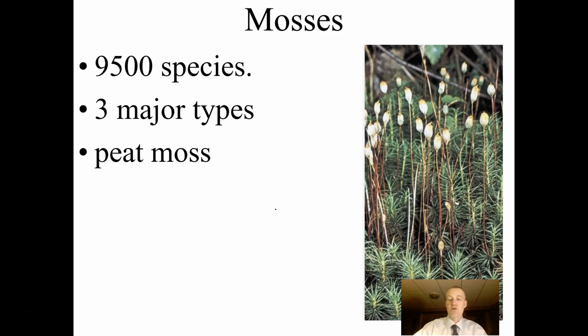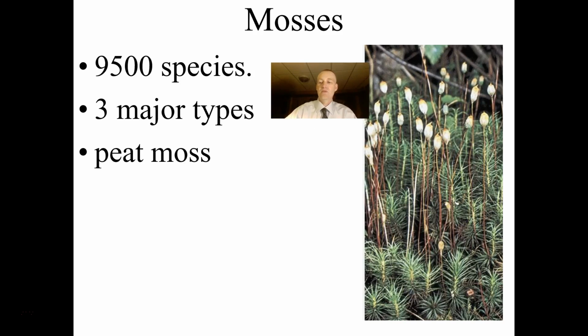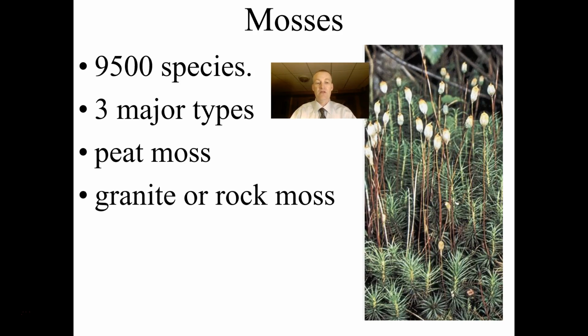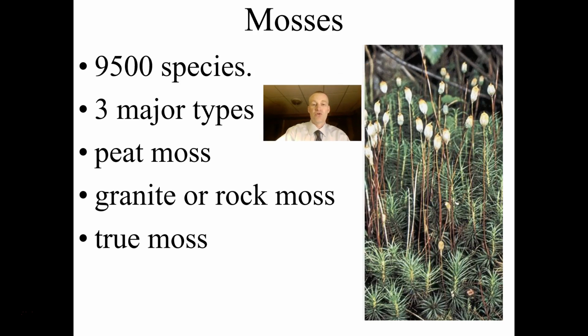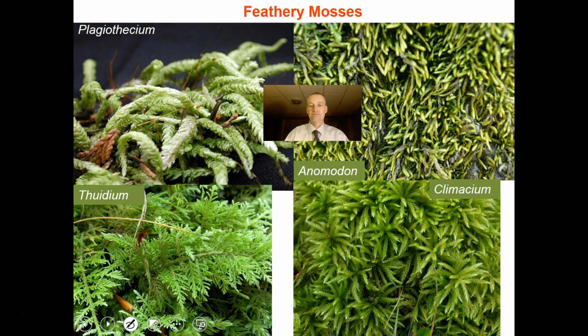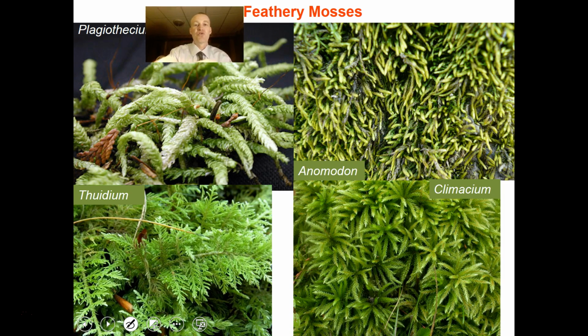We have peat moss, and we have the granite or rock moss, and then we have what we call true moss. And these are just some of the different kinds of mosses being described here.